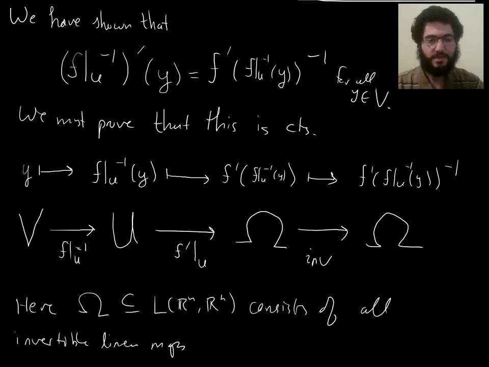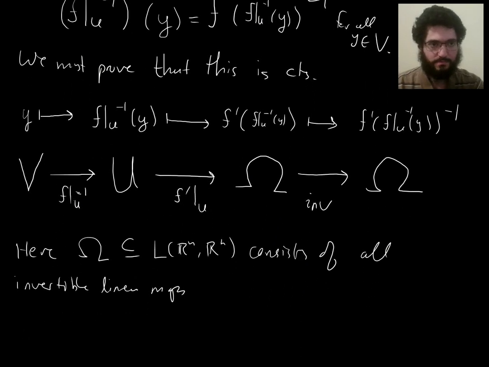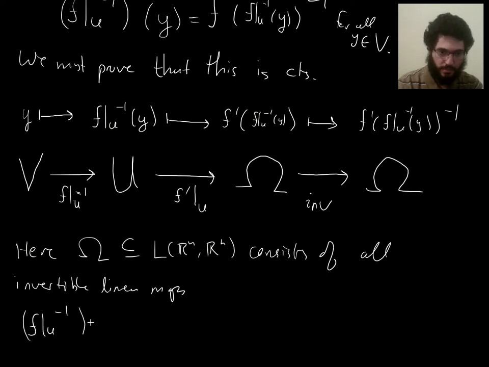Okay, so now we have a nice description for what's happening to y when you apply the derivative of f restricted to u inverse. This composition of things is happening. So let me write that using composition notation. F restricted to u inverse prime, this function that I'm trying to show is continuous, works like this.